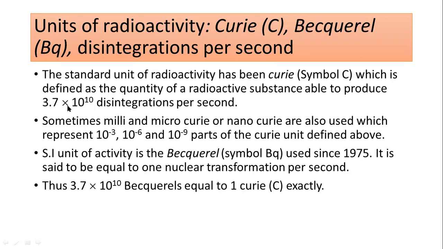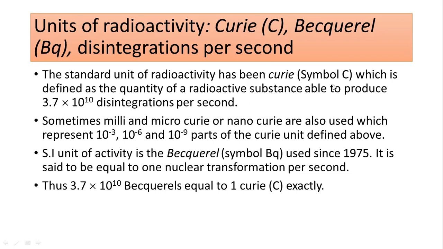So 3.7 × 10^10 disintegrations per second is 3.7 × 10^10 becquerels, because one becquerel is one disintegration per second, or one nuclear transformation per second. Nuclear transformation is the same as disintegration per second.